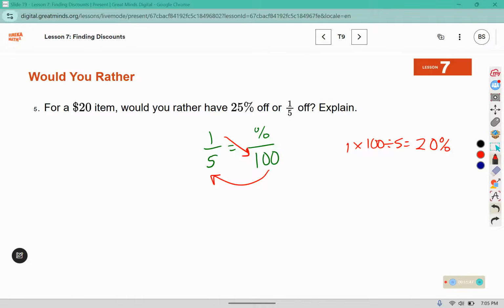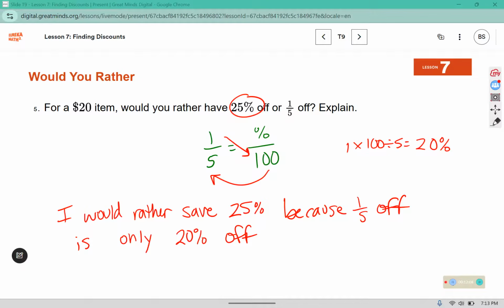So would you rather save 25% or 20%? I would rather save 25%. Because 1/5 is only 20% off.